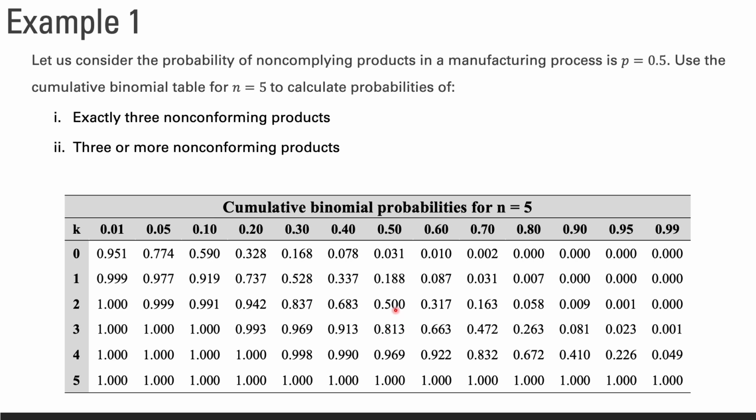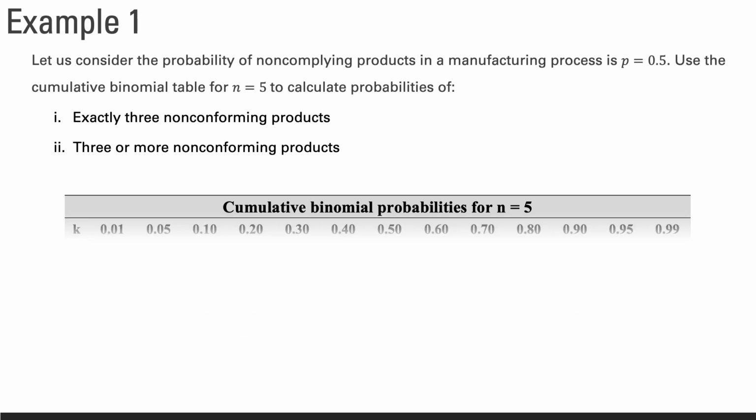And this one carries the probability of finding 0, 1, and 2. So if we subtract this one from this one, we are already eliminating the probability of finding 0, 1, and 2, and we will be left with only the probability of finding exactly 3 non-conforming products. Now let us see how we do it.